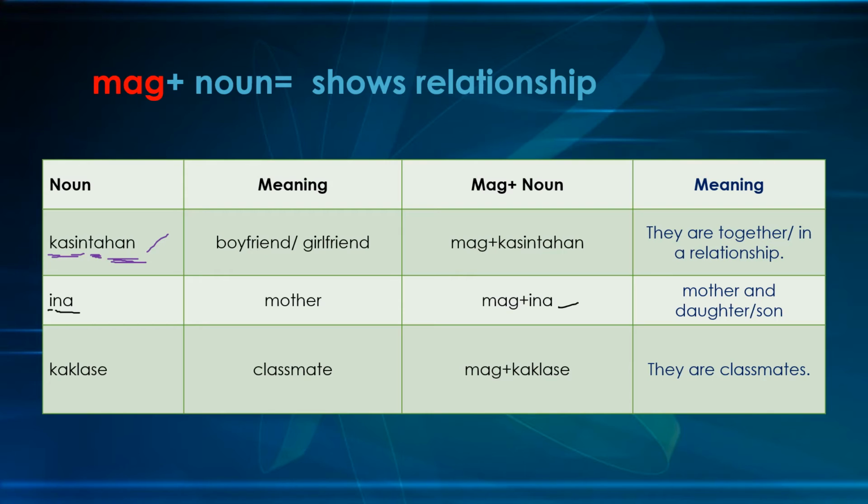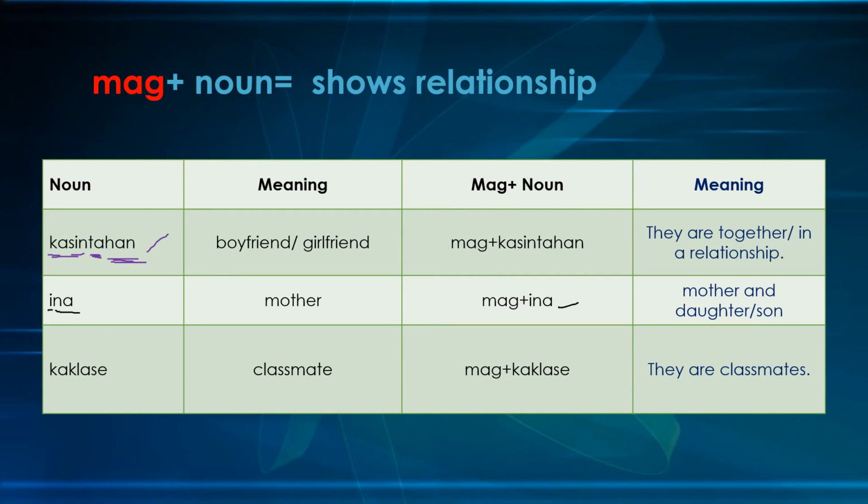Next is kaklase. Ka-klase. And it means classmate. So kaklase came from the word klase, which means class. Kaklase means classmate. And magkaklase means they are classmates.